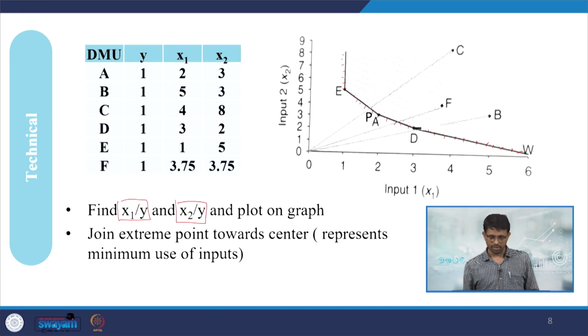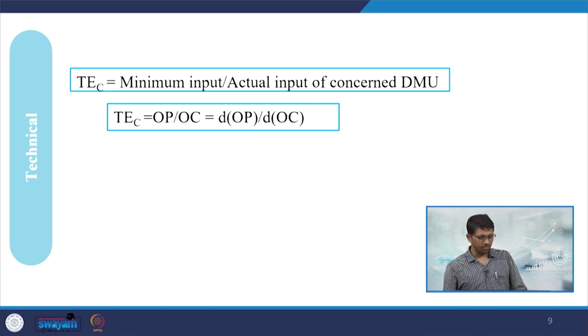Here is the diagram. In the case of C, that is the DMU C, you can see the input is x1 4 and x2 8, and we have plotted it at the point C. However, given the radial of C, we could easily trace that the optimum or minimum most input level is actually at P. So we will define the OP.